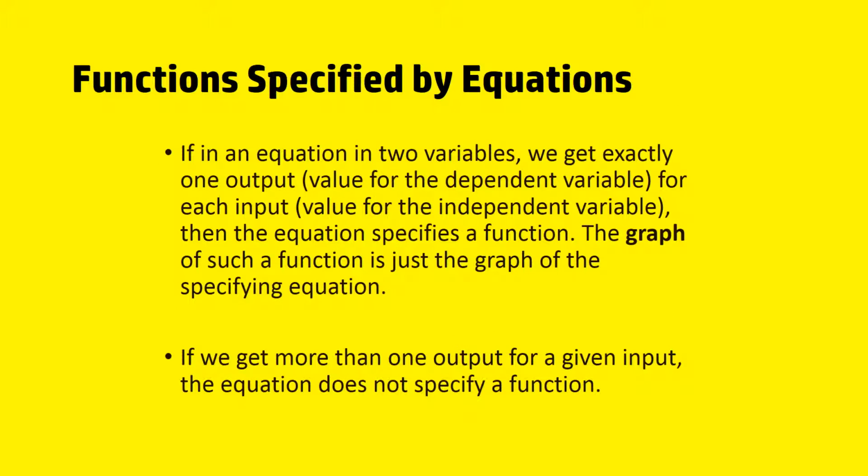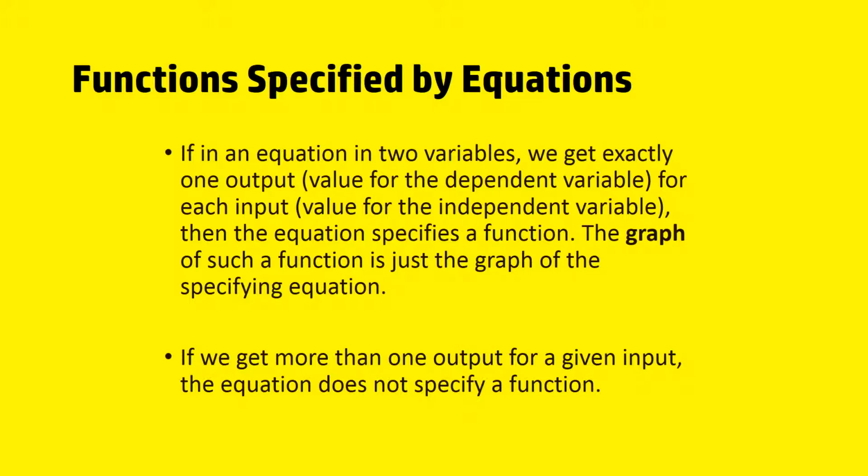If in an equation in two variables we get exactly one output, value of the dependent variable, for each input, value of the independent variable, in other words, exactly one y value for each x value, then the equation specifies a function.